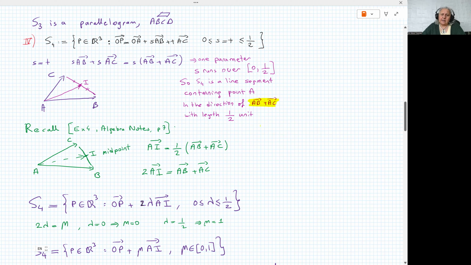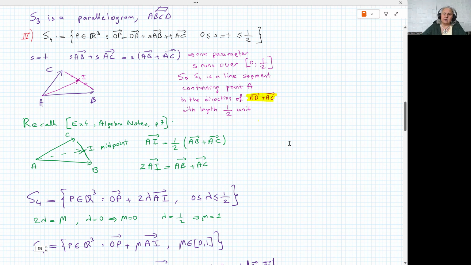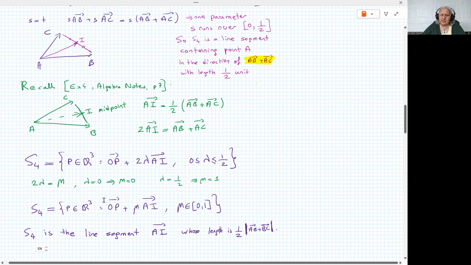Now, to understand a bit more, I would like to say 2 lambda is equal to mu. If lambda is equal to 0, mu is equal to 0. If lambda is equal to 1 over 2, mu is equal to 1. So I can rewrite this set as this one, because this will be mu from 0 to 1. It means this is just a line segment, so it covers the whole line segment.